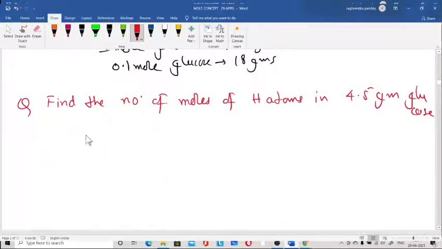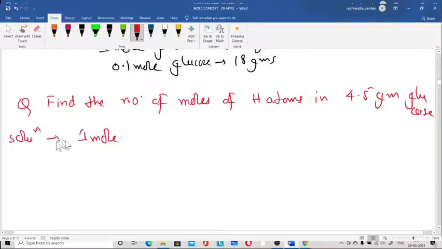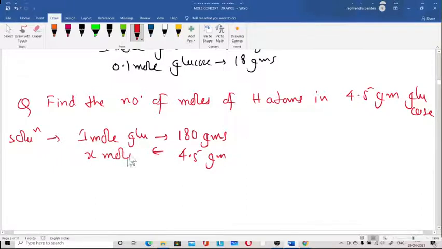I am again taking the example of glucose because it will make you proficient in all the aspects of one molecule. First, I am writing 4.5 gram glucose. 1 mole glucose is how much? 180 grams. 4.5 grams of glucose is how many moles? X moles.